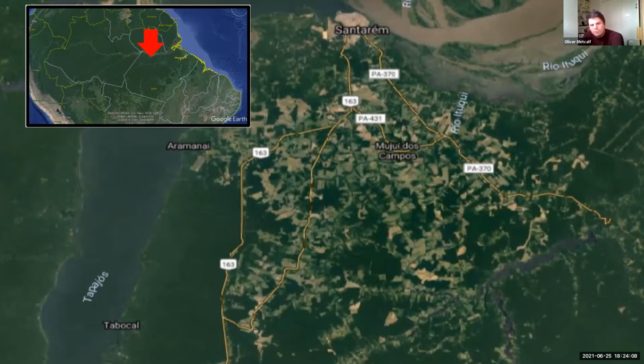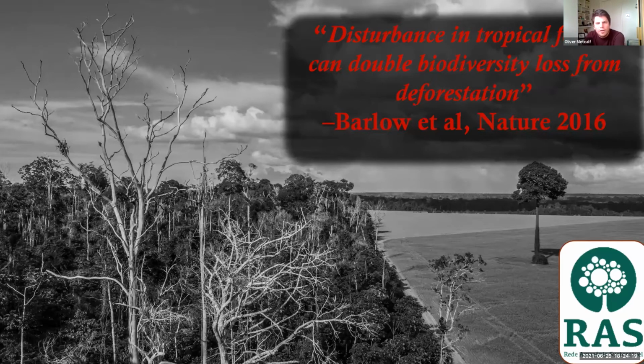As you can see, the region is quite heavily affected by deforestation. But actually, a lot of our research focuses on the impact of forest disturbance and degradation rather than outright deforestation, and the impact that it has across the entire landscape matrix.